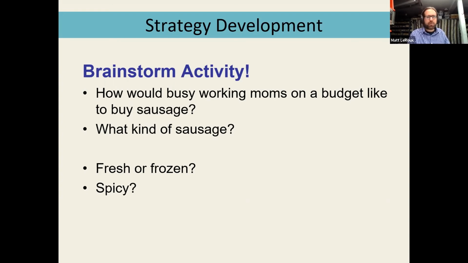They want mild flavors. They might want to be able to buy a bunch at once since they don't have time for a lot of shopping trips. And they might want to get the sausage already formed into patties or links instead of those big bulk bags where they have to do the work of forming it themselves. So think about your target customer and develop your product.